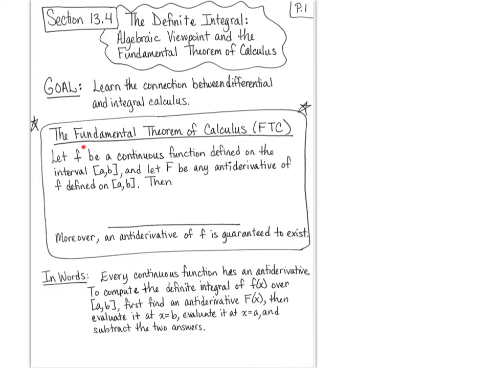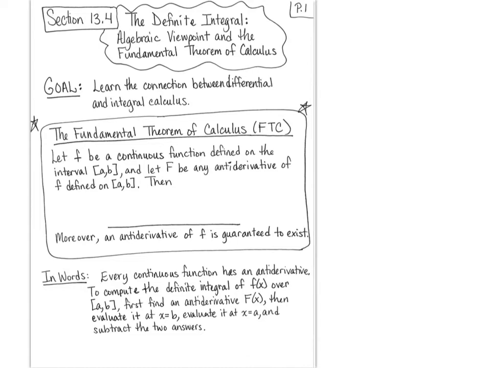Let's start out with the fundamental theorem of calculus, which I will write as FTC. So let f be a continuous function defined on the closed interval [a, b], and let capital F be any antiderivative of your function little f defined on the closed interval [a, b]. Then we can say the following.